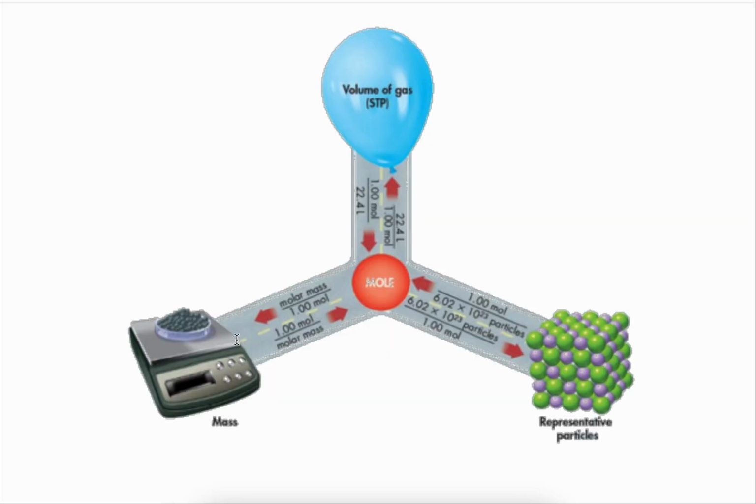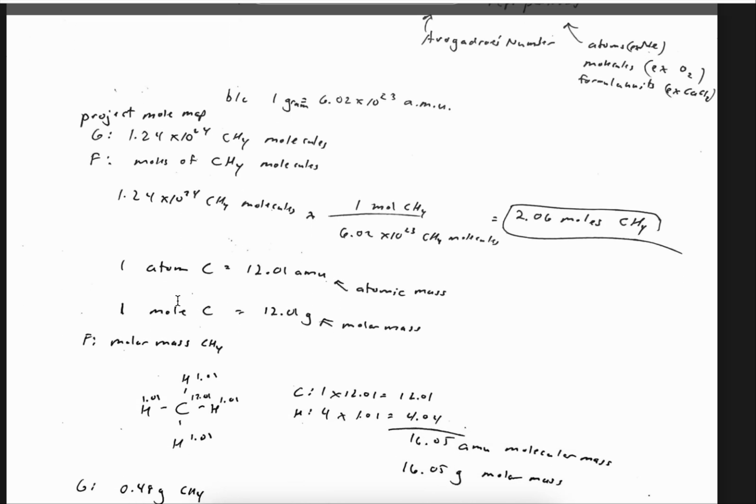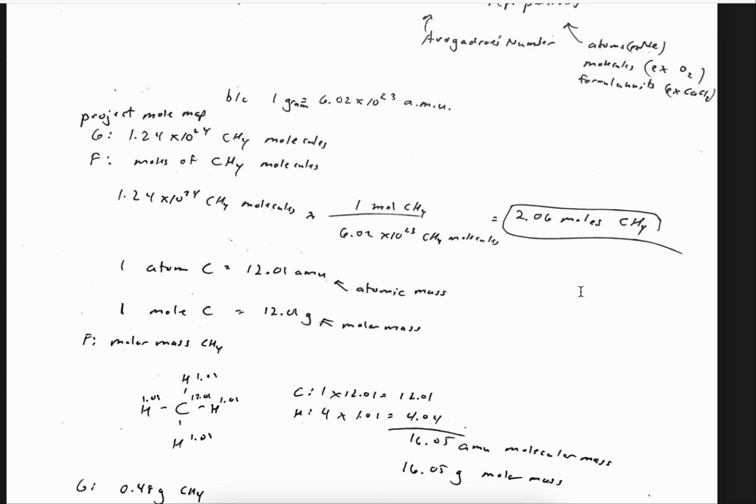Now, let's say that you had a certain number of grams of methane and you wanted to figure out how many molecules of methane there were. Well, then you would need to know the molar mass of methane, the number of grams per mole. And so you can get that from the periodic table. On the periodic table, you'll see that carbon has an atomic number of 6.